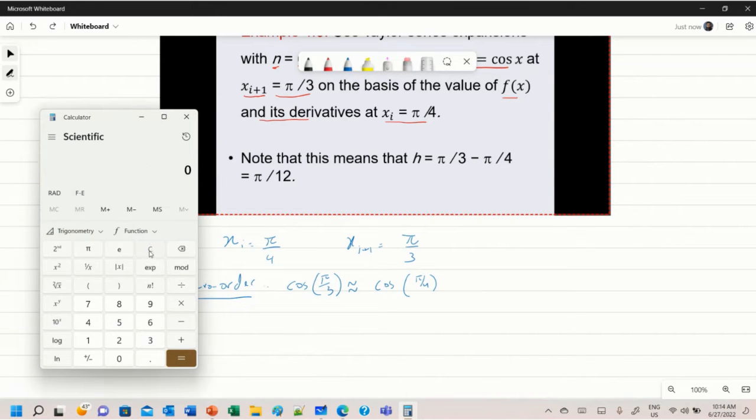Remember also this in your calculators. You are going to work with radians. So the answer is 0.7071.